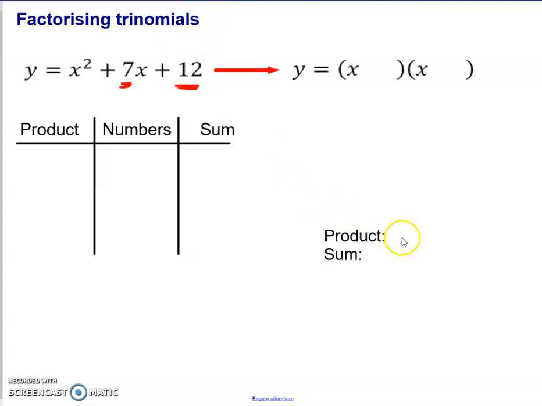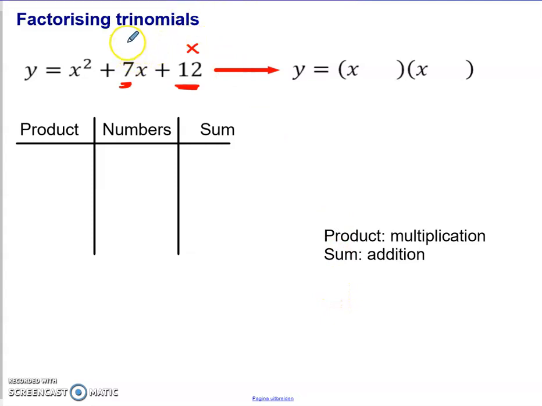Product is always the result of a multiplication. And the product in this example is 12. There is always also this other number, and it's with the variable. And this number is always the result, it's called the sum, and it's the result of an addition.